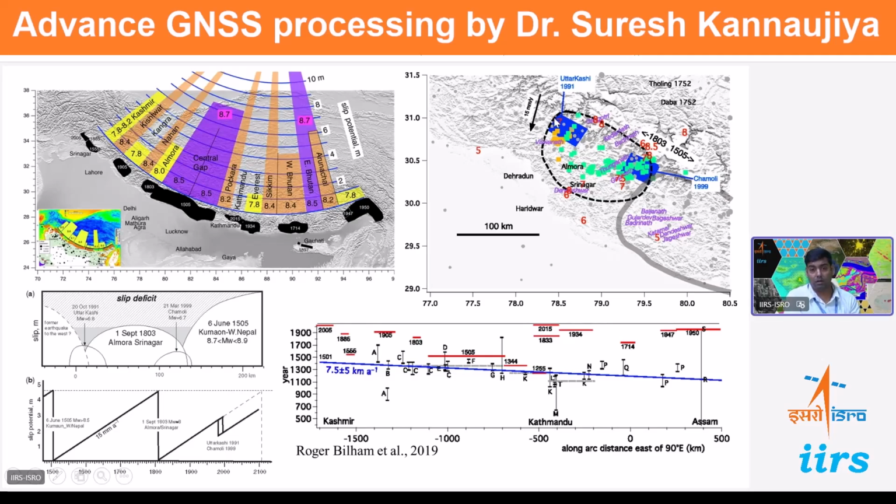Here two earthquakes occurred in the instrumental era: in 1991 and 1999, of magnitudes 6.3 and 6.7, and the big earthquake occurred in 1803.